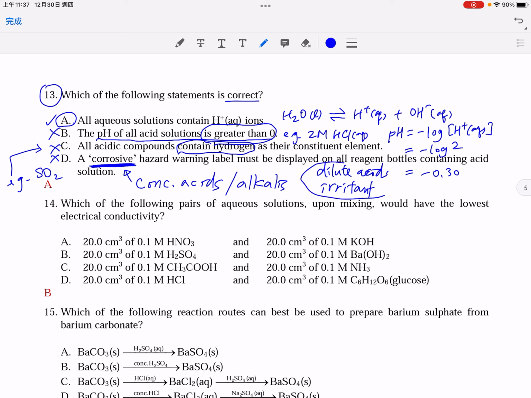And even, let me tell you, many solutions in daily life are acidic. For example, orange juice, soft drinks, and so on, okay? They are actually not hazardous, and therefore we should not put hazard warning labels and even the corrosive label on it. So statement in D is incorrect.